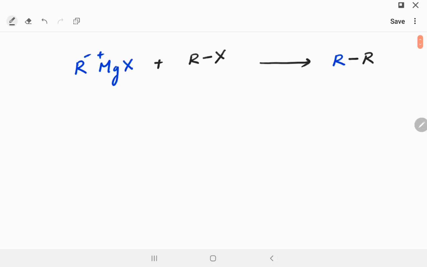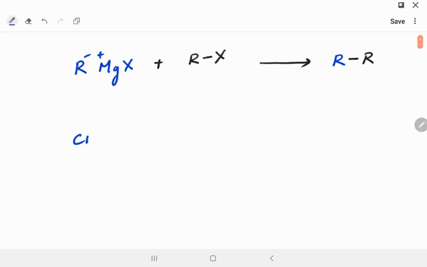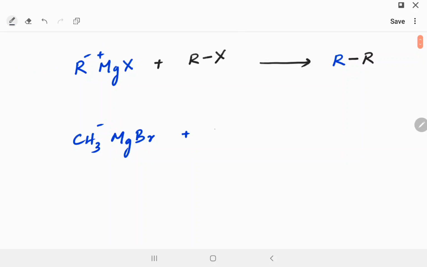So let's take a real example here. Let's use CH3MgBr, here is our Grignard reagent, and then we will use something like, let's say, CH3CH2Br or Cl. Here is our alkyl halide.